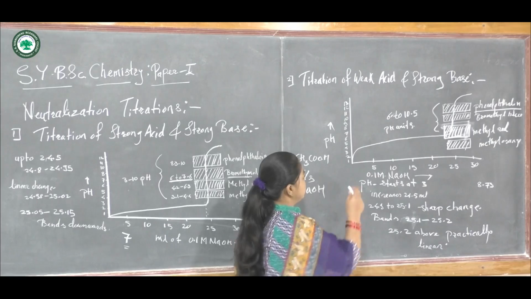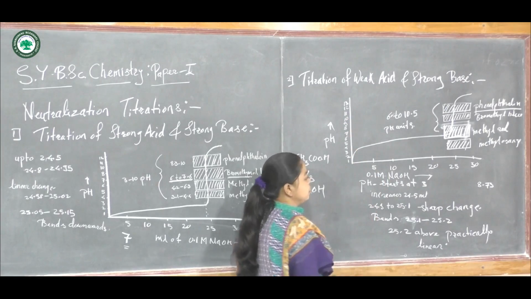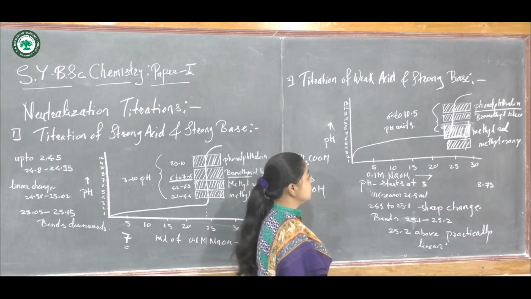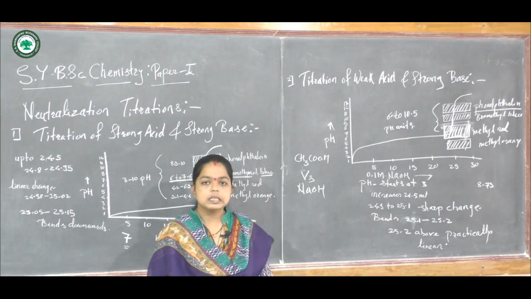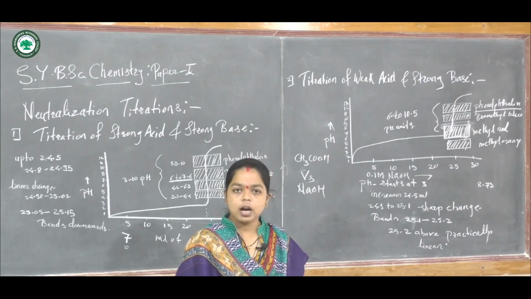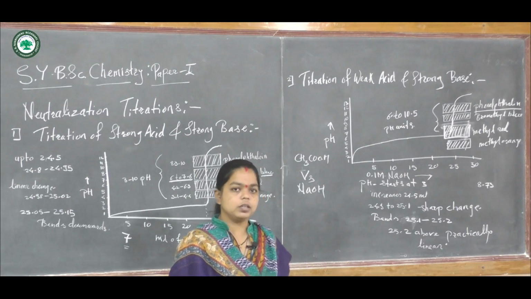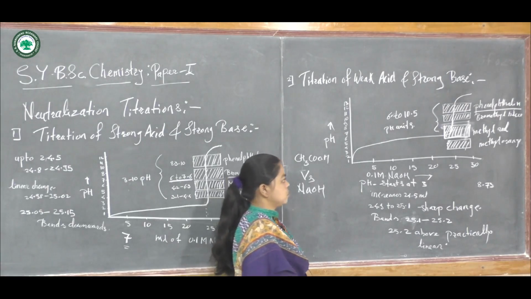So again we can plot the graph for this type of titration, but now we can see there is much difference in the curve of the graph as compared to strong acid, strong base.